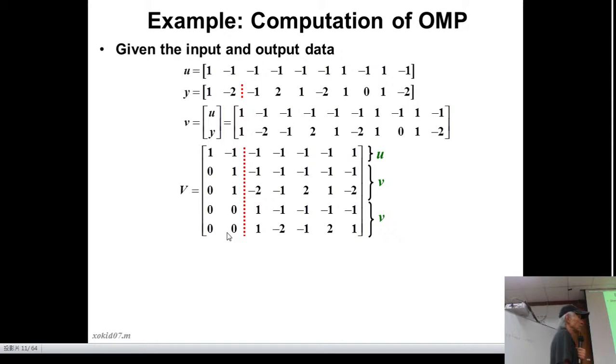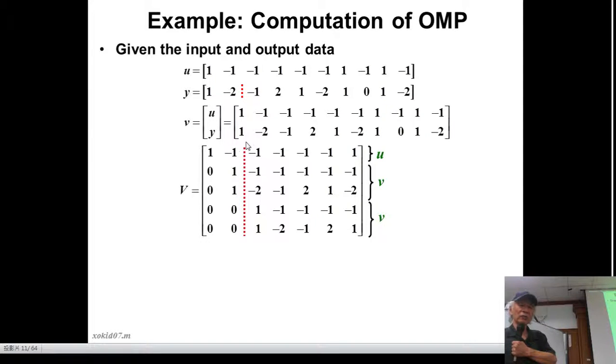Now, if your system is moving before time equal to 0, then we cannot assume that those 0, 0, 0, 0 are there. So if that's the case, what you can do is truncate those two columns out, because I don't know those numbers, and I cannot assume they are 0.